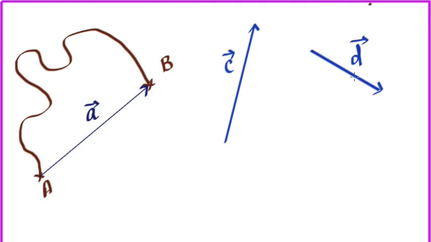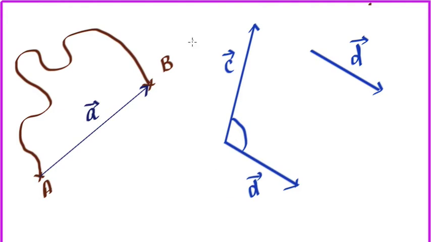I just need to slide vector D until the tails touch each other. So instead of sliding it, I'm going to draw vector D here. Watch. I draw a vector in the same direction as D and with the same magnitude. So this is also vector D, and I just need to find the angle between the two. So in order to find the angle between two vectors, place them tail to tail and find the angle.